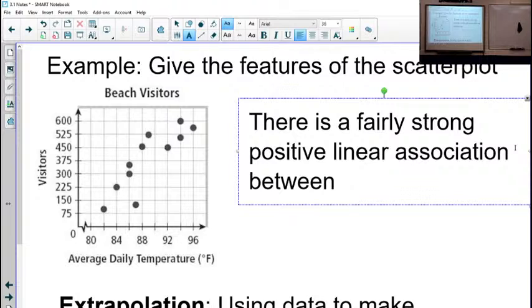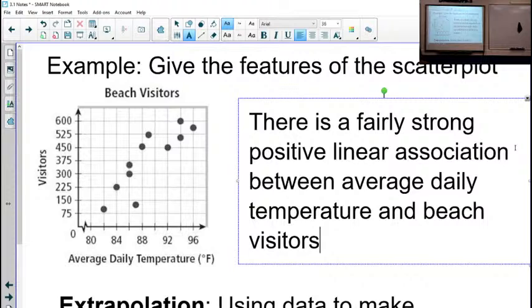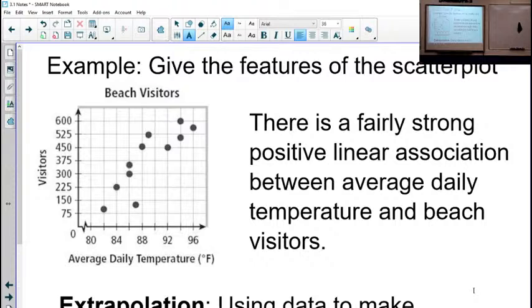what are my two variables? Visitors. So which one is the response variable?